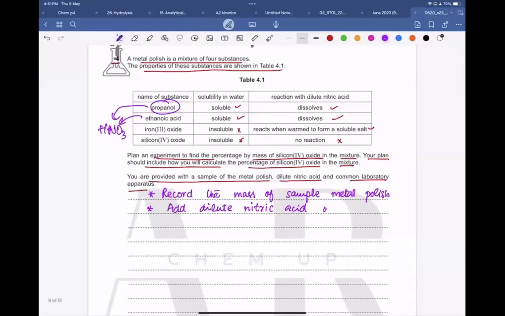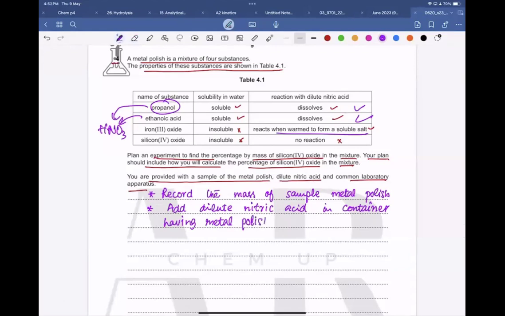So add dilute nitric acid in a container having metal polish. Now see, on adding this, they both get dissolved in it. No, there is no need of water because on adding water, it stays insoluble, right? But when I added nitric acid, these two get dissolved and it can also get dissolved when I heat it.